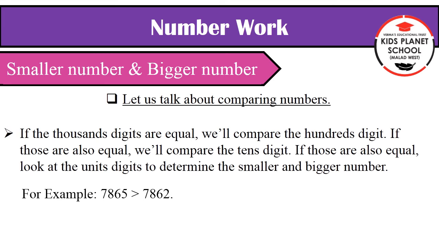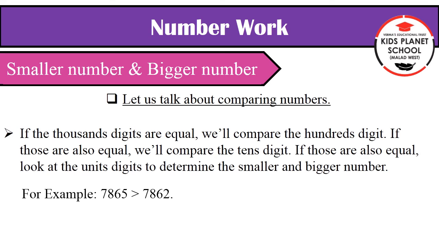For example, here 7865 and 7862 both are 4-digit numbers. So, to find which number is a bigger number and which number is a smaller number, we'll compare the digits which are at the thousands place in both the numbers.